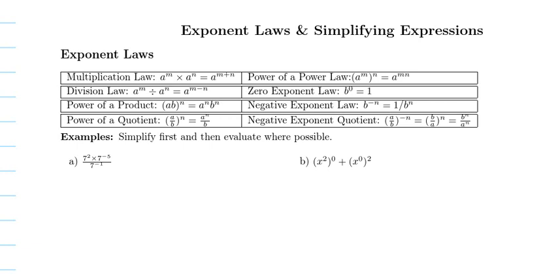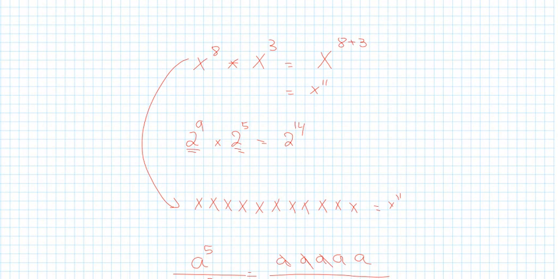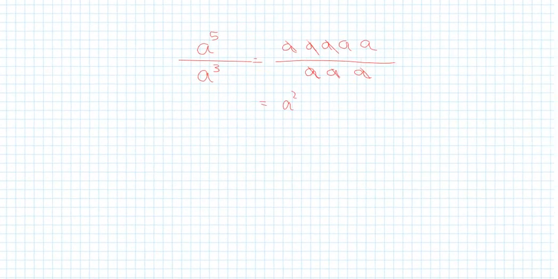Then we have the power of a product. So if I have, let's say, (2xy squared) to the power of 3, you see that inside the bracket, all terms are multiplied together. 2 is multiplied by x by y squared.